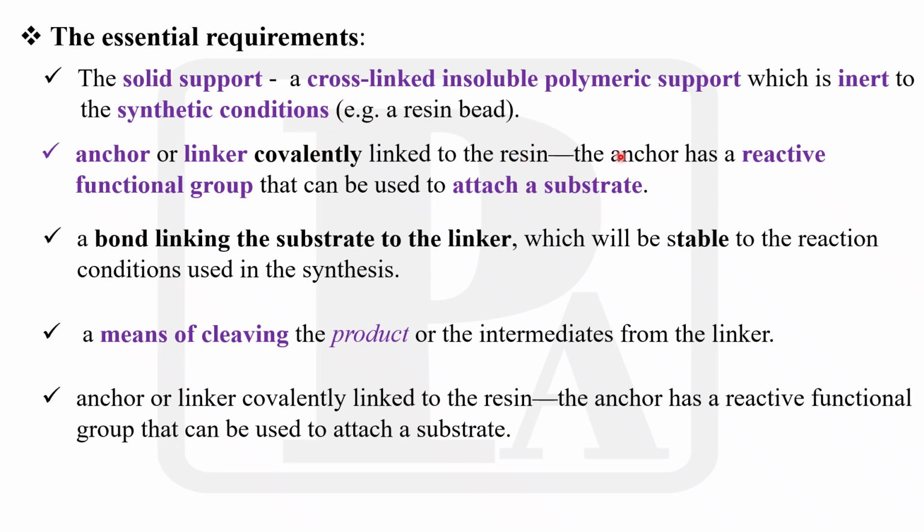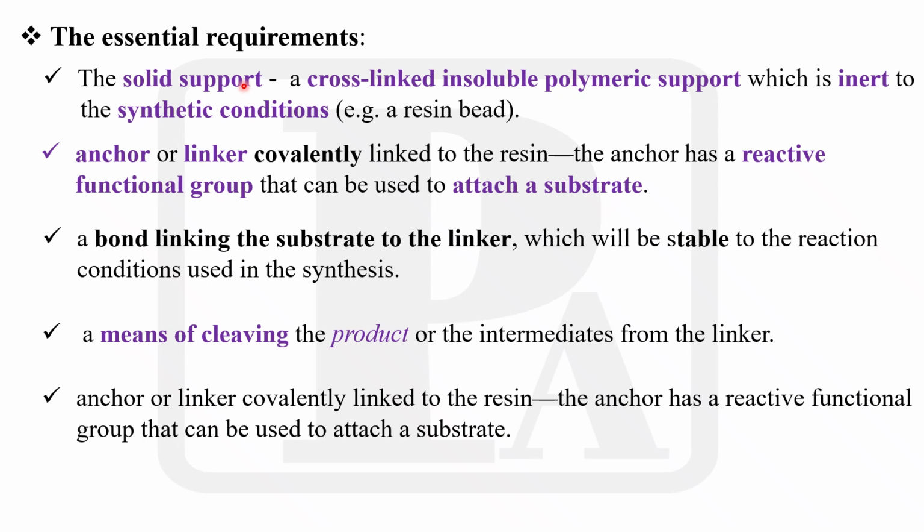Now this anchor or linker has a reactive functional group that is used to attach the substrate. There is a bond that links the substrate to the linker, and that bond is stable to the reaction condition. Then after the process is over, there is a means of cleaving the product or intermediate from the linker. So the main two points are that we need a solid support and we need a linker.